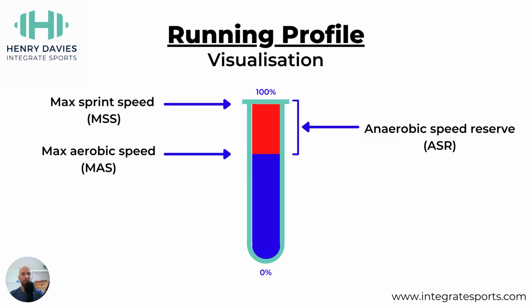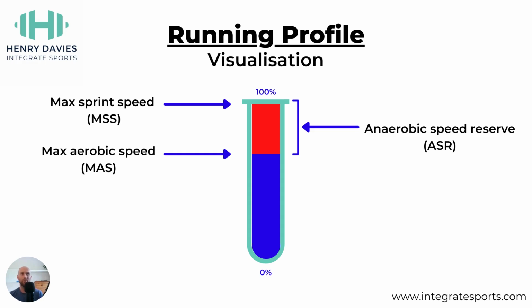You'd probably see the most extreme example of this in a 100-meter sprinter, where their max sprint speed is going to be very high relative to their maximum aerobic speed, so their anaerobic speed reserve will be very large. Whereas an endurance athlete is probably going to have an incredibly high maximal aerobic speed relative to their maximum sprint speed, so their anaerobic speed reserve will be slightly smaller.